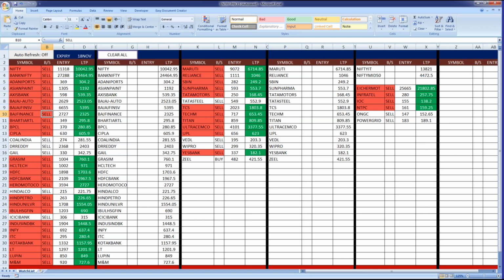We don't trade on IFCI, Unitech, Suzlon, South Bank, PC Jewelers. There are some companies which are sort of shady. We don't get into that. Once you see the Excel file, you will understand which scripts we trade on. So you just have a look at it.